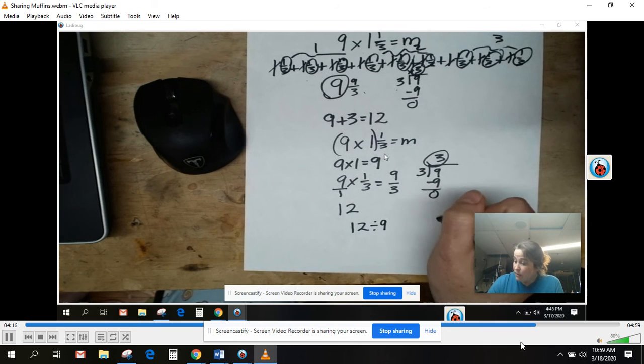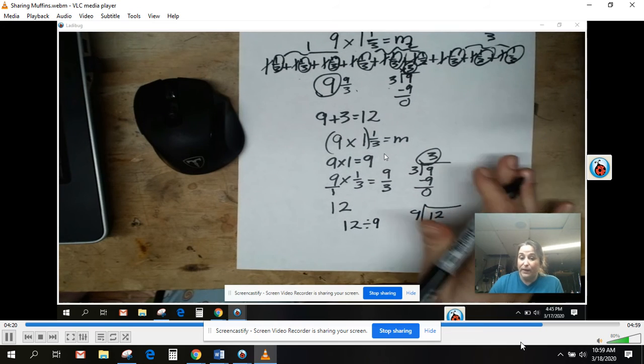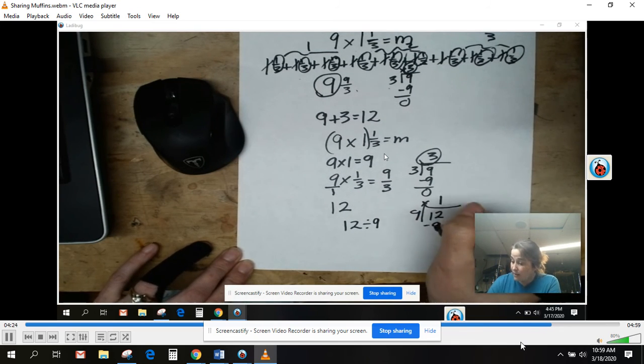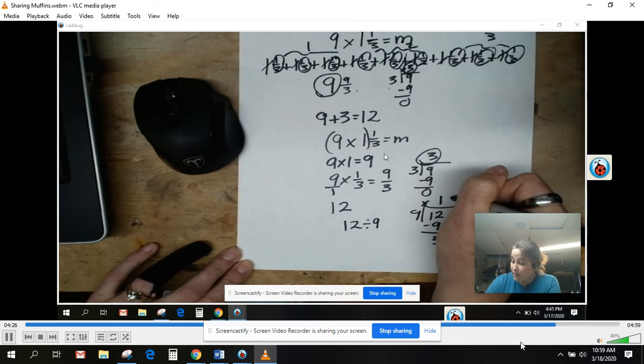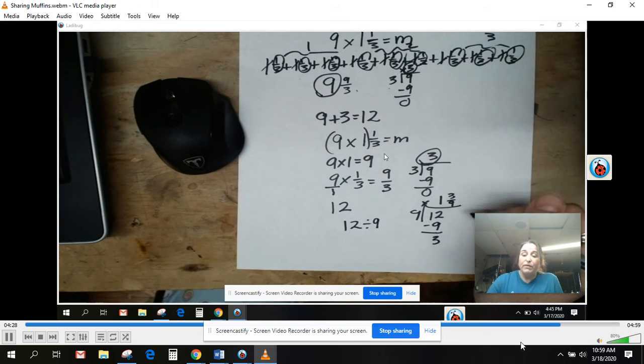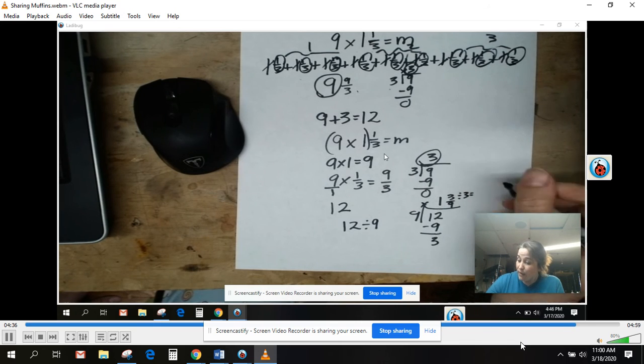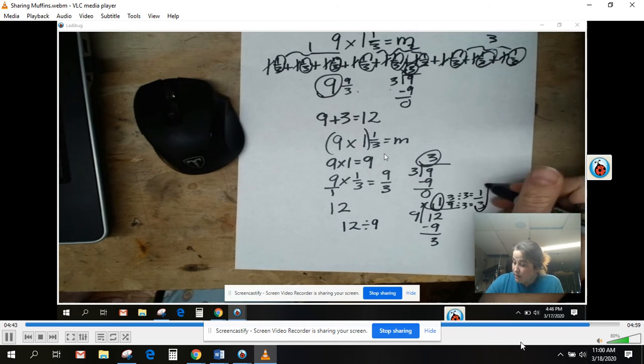So if I took my 12 and divided by my 9, 9 will go into 12 1 time. 1 times 9 is 9. 12 minus 9 is 3. Now that gets us 1 and 3/9. But if I reduce or simplify my fraction, I know that 3 will go into both 3 and 9. 3 divided by 3 is 1, and 9 divided by 3 is 3. So there's my 1 and 1/3.